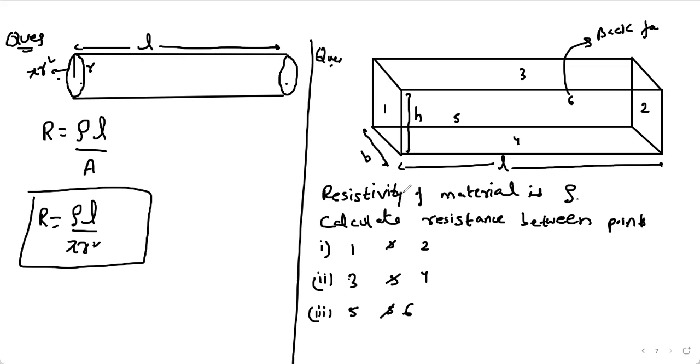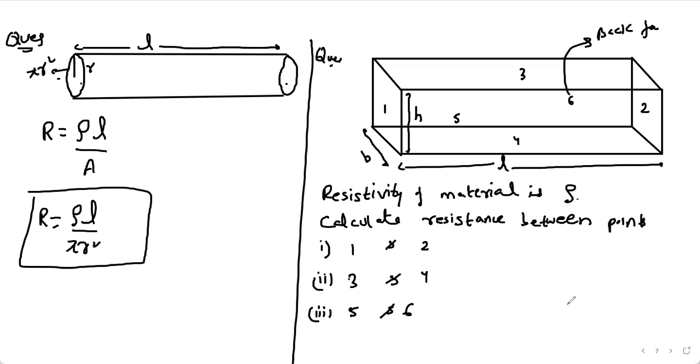So when I calculate resistance between 1 and 2 using this formula, the first part I'm solving, the rest you will solve. R is rho L by A. I have to calculate the resistance between face 1 and 2, so we will use the area of cross section of this face.